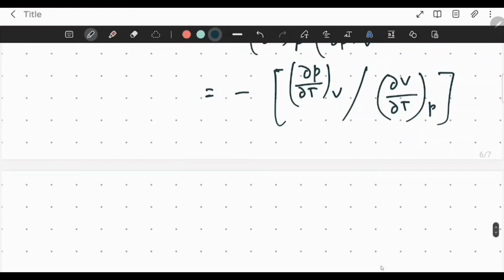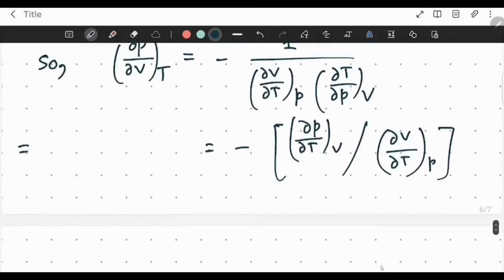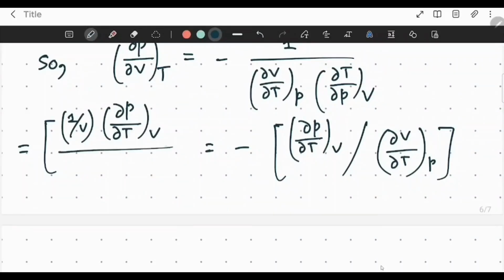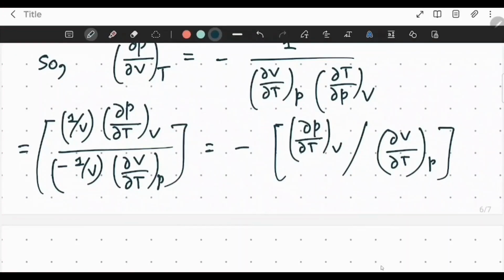Okay, so what we can write is (1/V)(∂P/∂T)_V divided by minus (1/V)(∂V/∂T)_P.